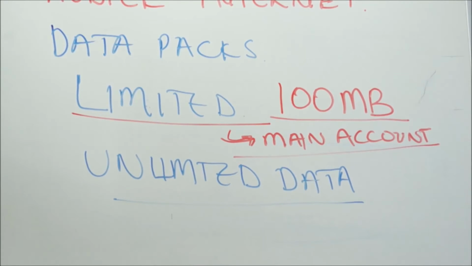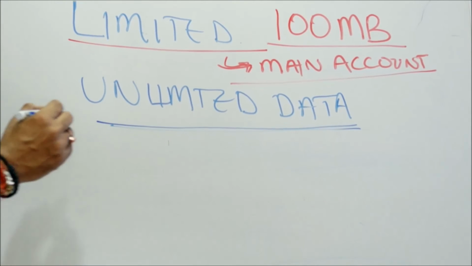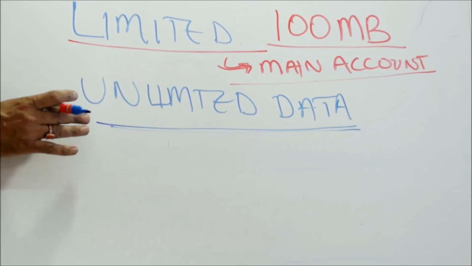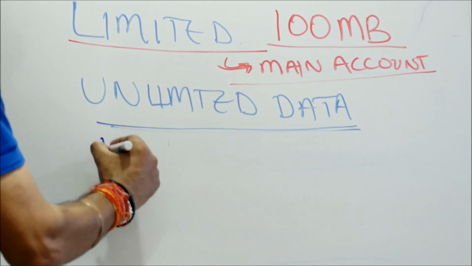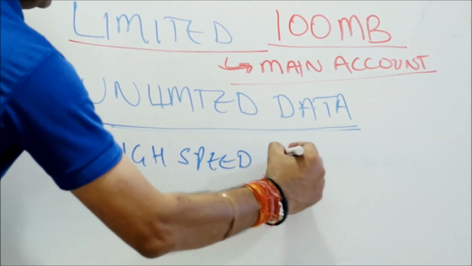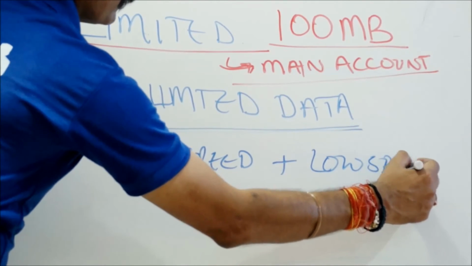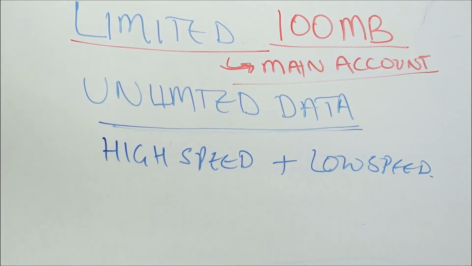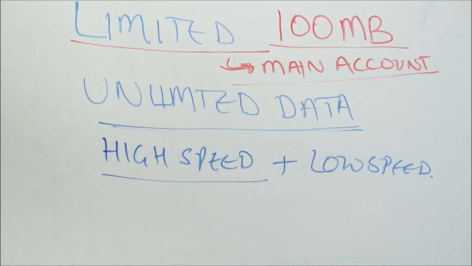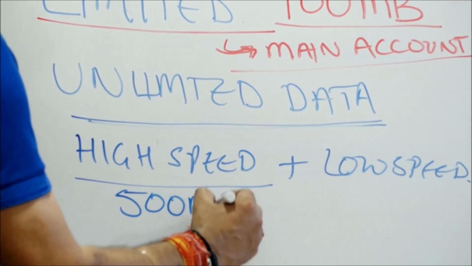On an unlimited pack, it is actually a fair usage policy. So unlimited data, there are two components: high speed plus low speed. So if you have taken the data, there will always be a high speed quota in this, and the high speed quota, suppose you have taken a 500 MB pack.